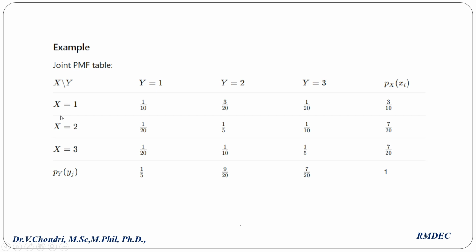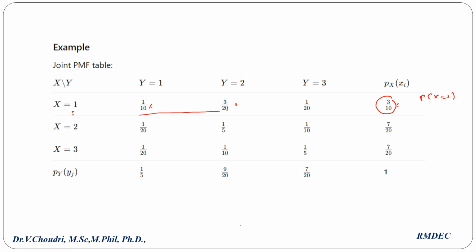Example. Look at this table for y values and x values. These are the probability values. Now see the marginal function of x, 3/10. How do you know? We look at x equal to 1, for the probability function p of x equal to 1, summing over the y values, y equal to 1, y equal to 2, y equal to 3.